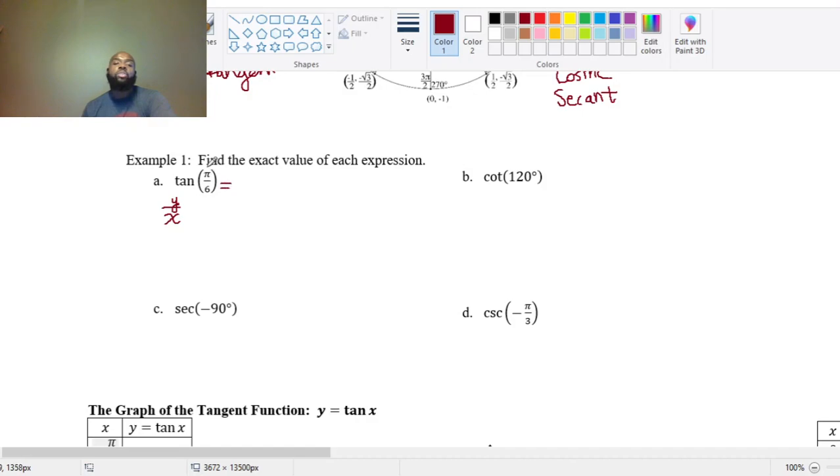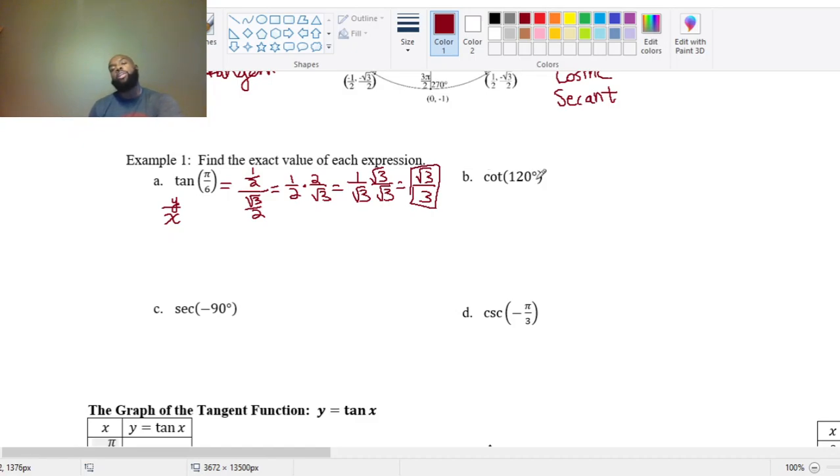The y coordinate where the terminal side intersects the unit circle for that angle is 1/2. The x coordinate is square root of 3 over 2. I definitely want to simplify that, right? Well, when you divide by a fraction, you multiply by its reciprocal. The 2's cancel, and so we get 1 over the square root of 3. We would like to rationalize our denominator by multiplying the numerator and the denominator by the square root of 3 over the square root of 3. And then we get square root of 3 over 3 as our solution.